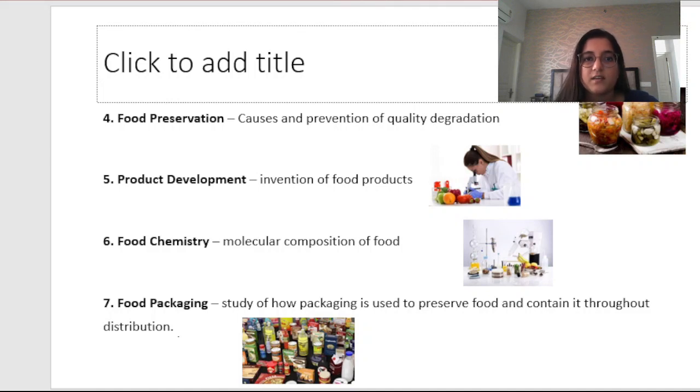So now let us understand what is food preservation. So food preservation is to come up with methods to keep the quality of food from degradation. So, what are the causes and prevention of quality degradation, and how can we prevent it from degrading?